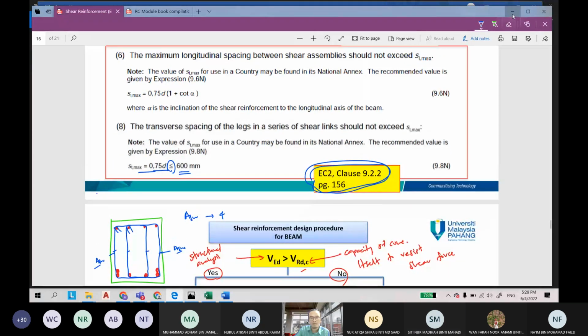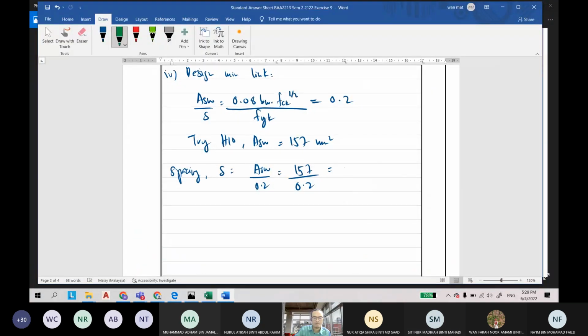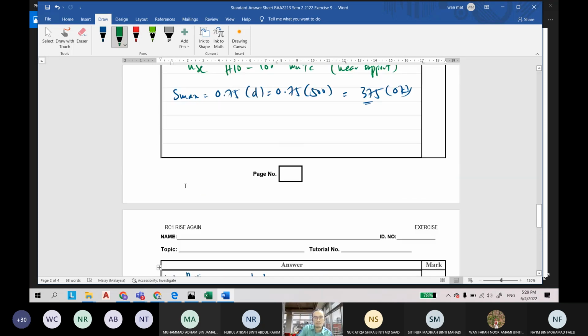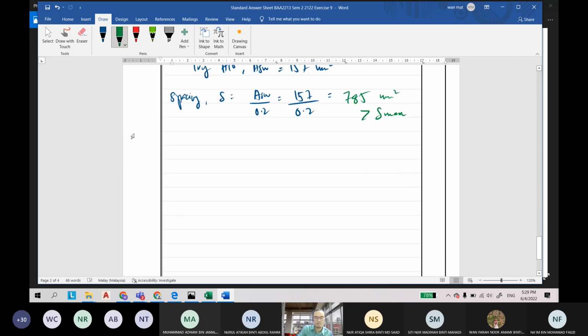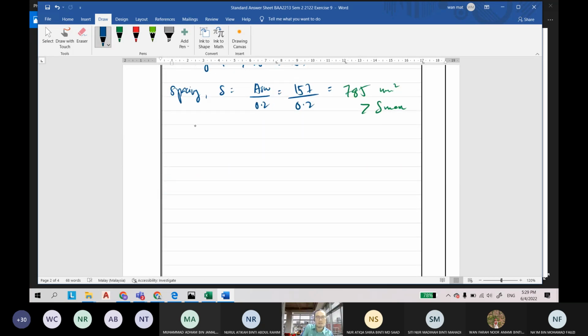Okay, 785 mm. This is greater than S max. So we limit our spacing to the S max. S maximum is equal to 375. So we may propose H10 at 350 mm center to center, this is near the midspan.